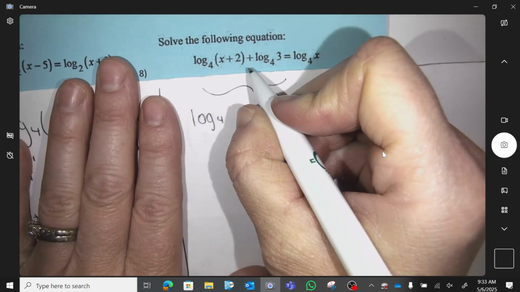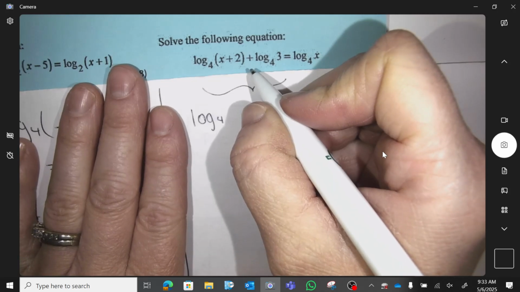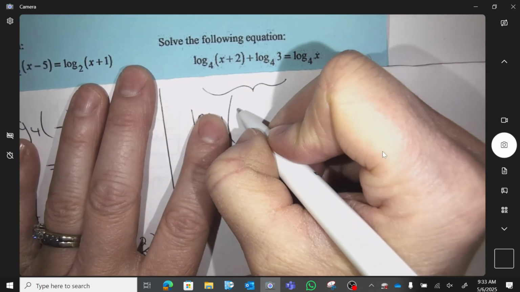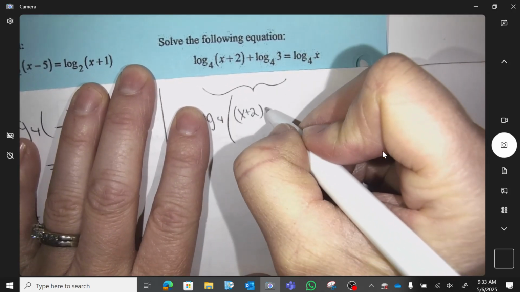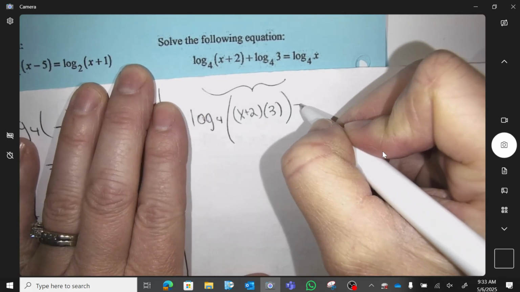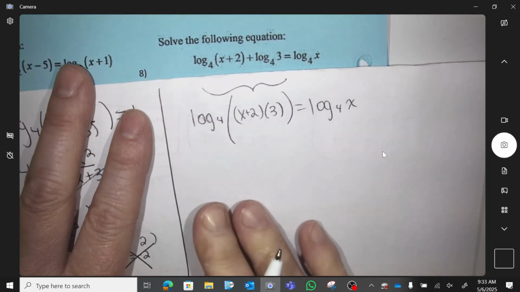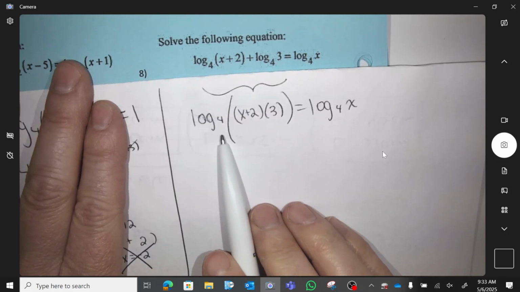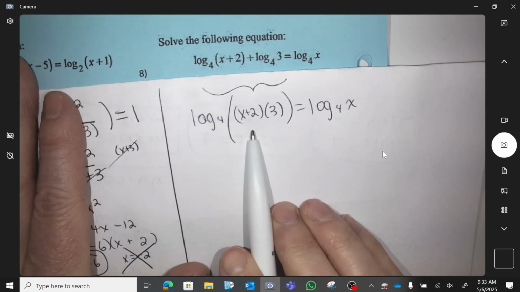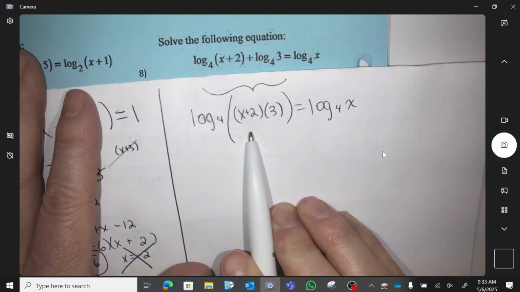So if there was an add, I got to put them together with a multiply. Okay, don't forget the x plus 2 has to have a bracket family around it.